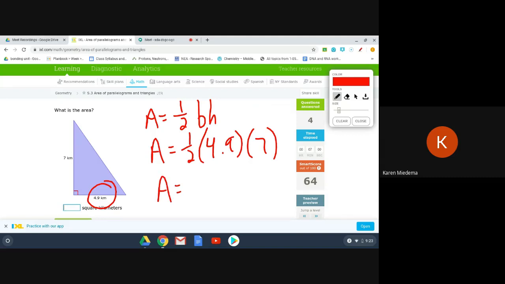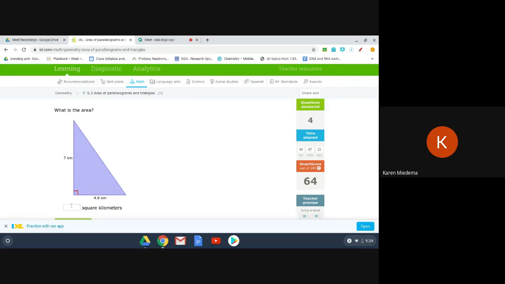Again, we have a decimal here, but it's all just numbers being multiplied, so you could go ahead and use your calculator. And then make sure that you don't round. I get 17.15.